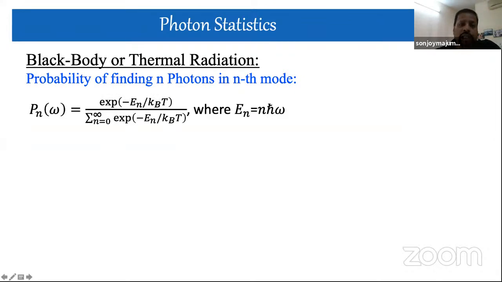It is e to the power minus En by kBT, where kB is Boltzmann's constant and En is the energy for that particular mode, n h cross omega, where omega is the frequency of the light, divided by the summation over all the modes. That gives you the probability.